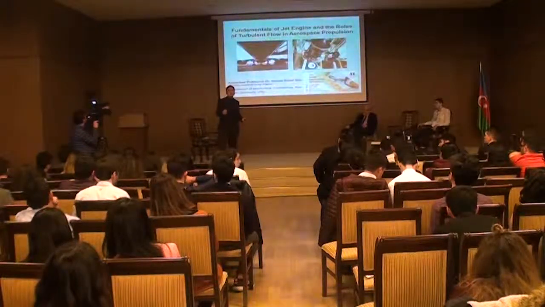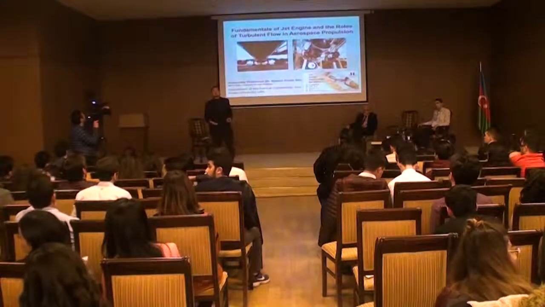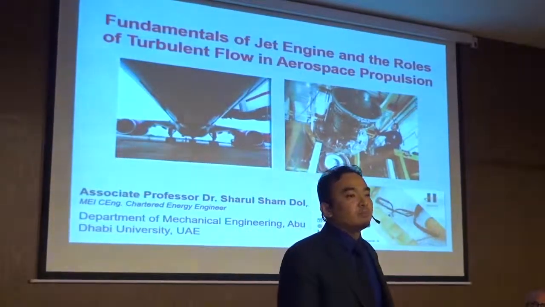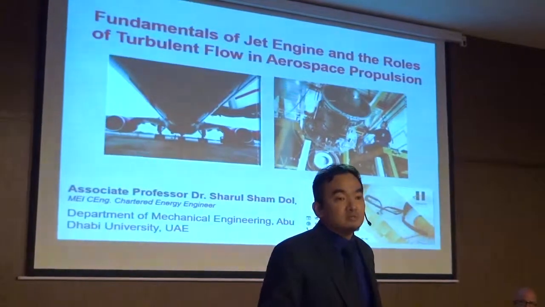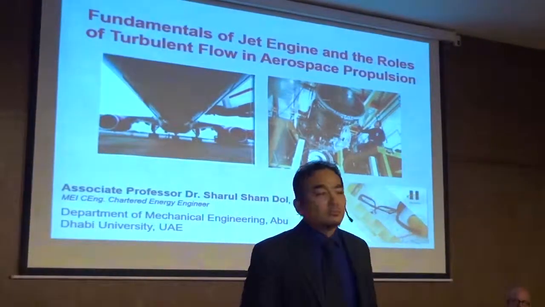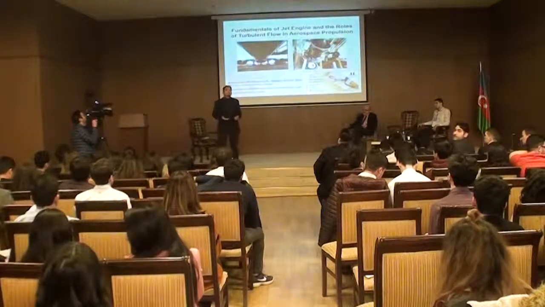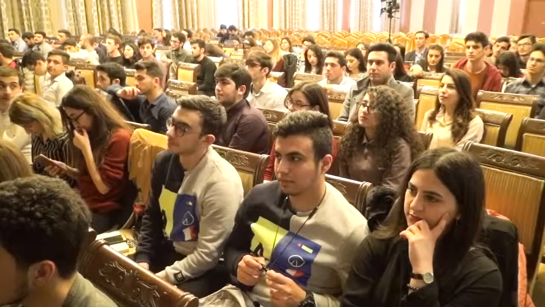Anyone knows what turbulence flow is? What is actually turbulence? There are many definitions, but basically turbulence is dealing with instability, or unstable, or stability. So what is actually instability? How do we describe instability? Anyone knows?